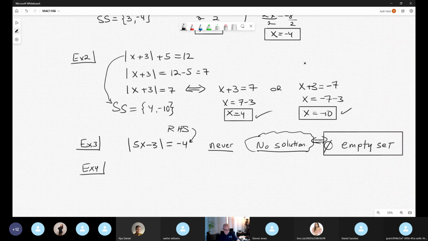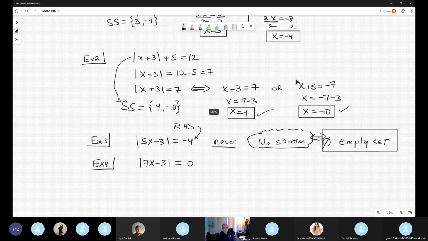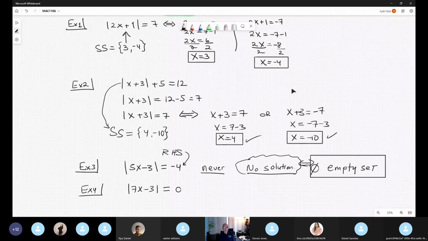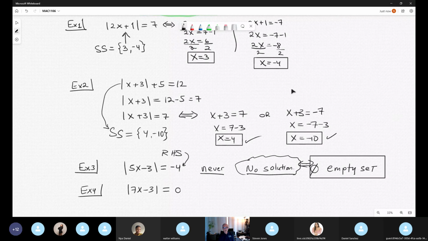One more example of the equation. Super easy. Suppose absolute value of 7x minus 3 equals 0. Wow, this is different, because we saw when it's a positive number on the right-hand side, and we saw when it's negative, no solution. It's impossible. Now it's 0.